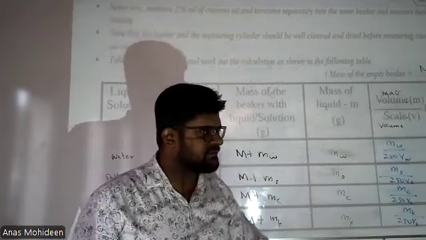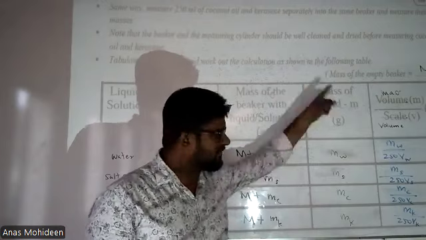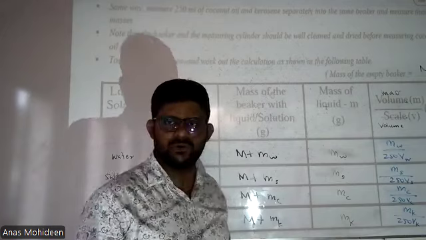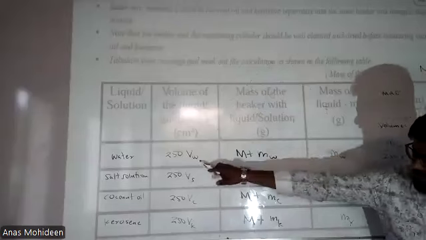Now, can we divide like earlier, and does it give the same value? Is it equal? Not equal, right? So what does it mean? Even if you take the same volume of different matters, different liquids, different solutions, the mass will not be the same. As the mass is not the same, density will not be the same.